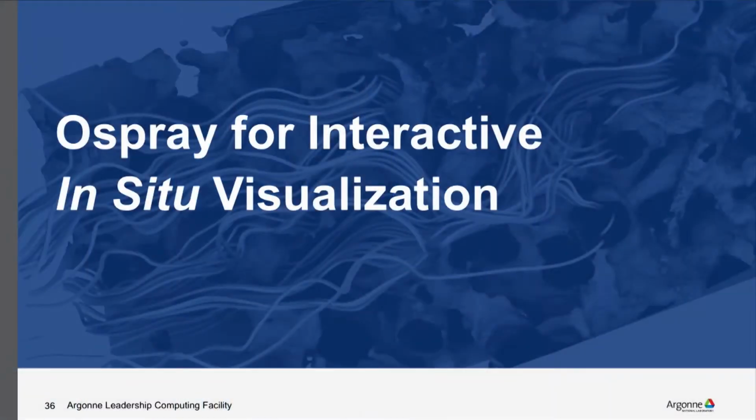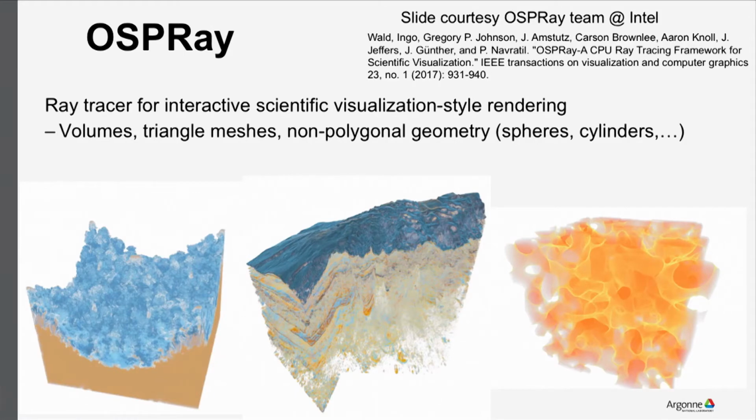So this is a specific example of OSPRay in situ for interactive visualization. And OSPRay, let me actually introduce it properly. It is an environment from Intel optimized for CPUs, right? Since our current supercomputer Theta is CPU based, and it actually uses Intel CPUs, it is a perfect resource to deploy something like OSPRay.